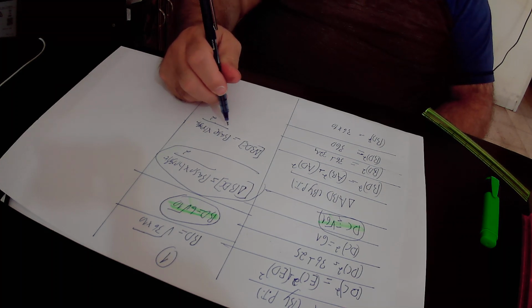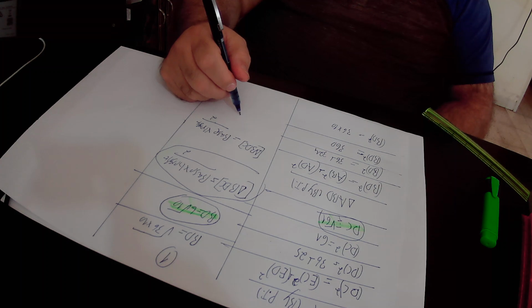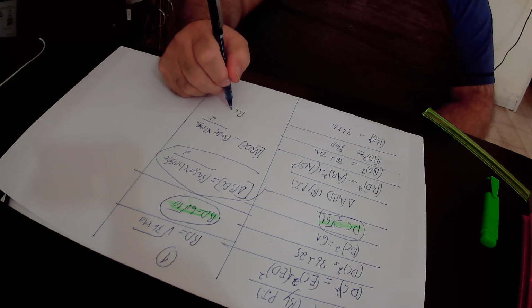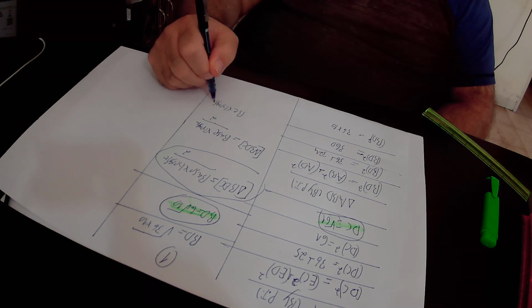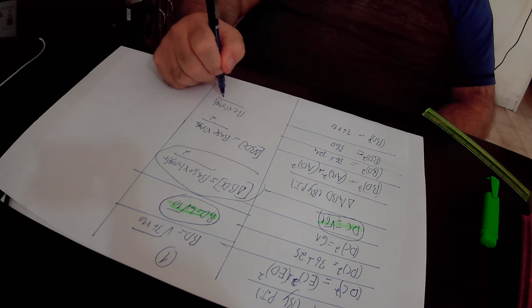We substitute the base by 13, by BC, times the height, over 2.